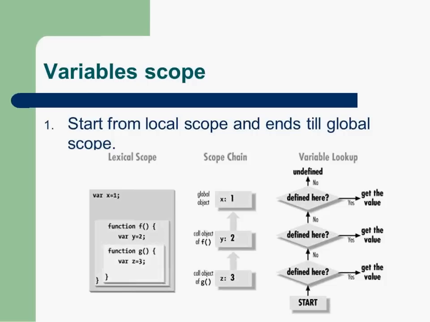Then you can define a function inside a function, and you can go as many levels deep as you want. Whenever you define a function inside a function, all variables available in the parent function are also available in the inner function. So in the case of g accessing y, we need not pass the y.